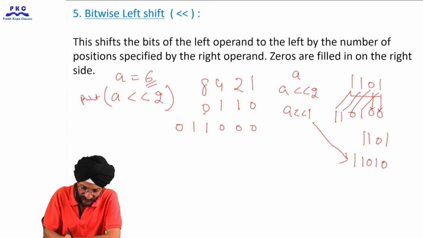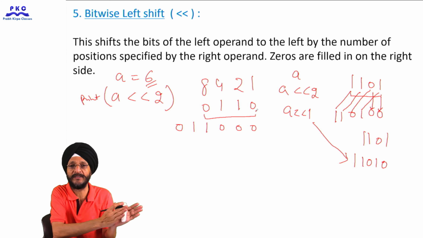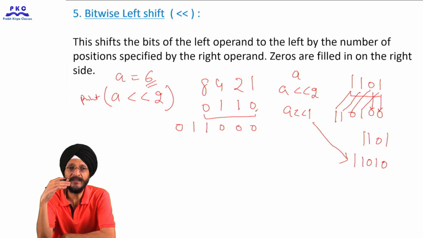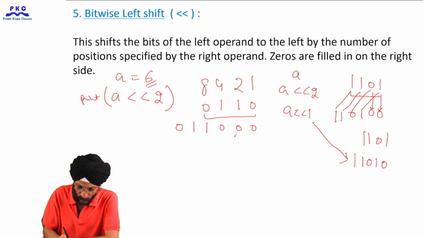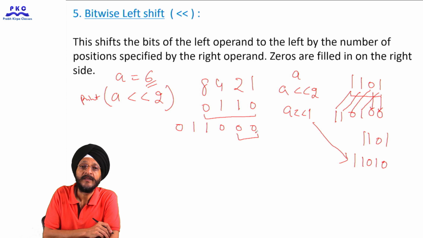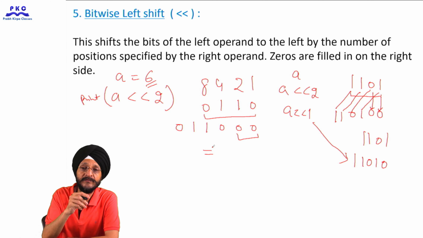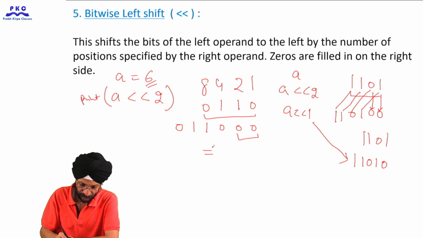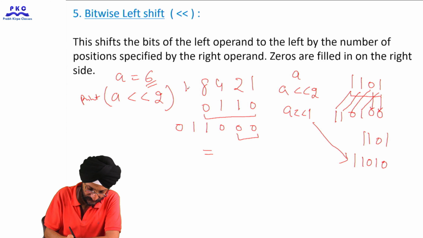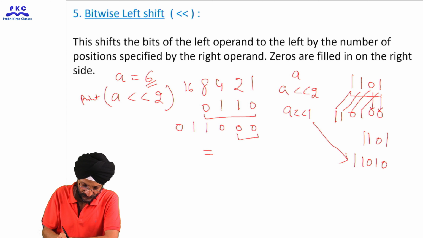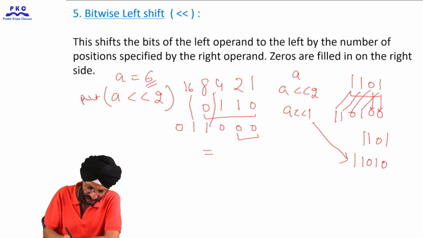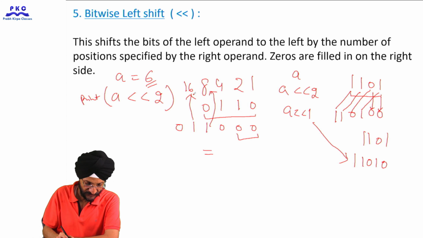That is, we have shifted all these bits by 2 places to the left, and zeros have been filled in on the right hand side. Now what is the value which we get when we convert it into decimal? This is 16 plus 8. This is 16, this is 8. 16 plus 8, this is 24.